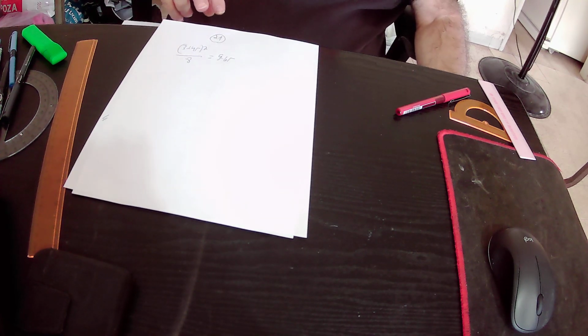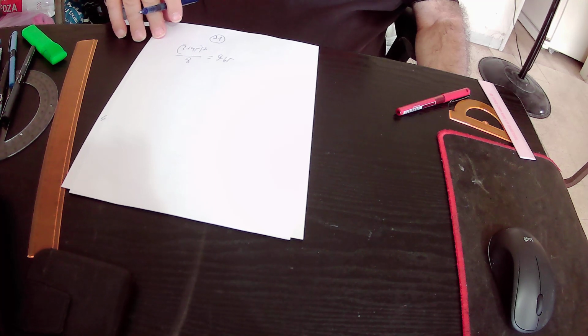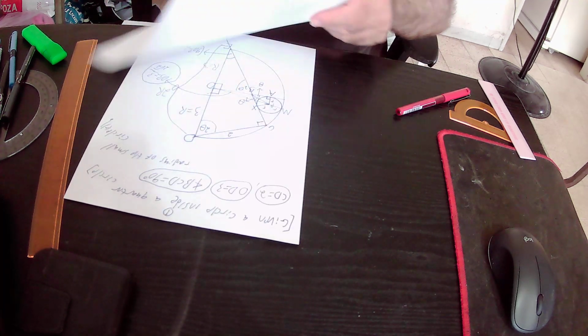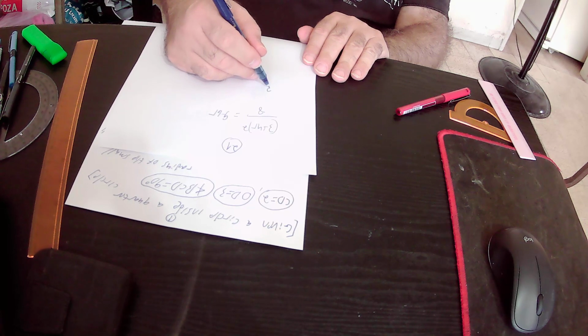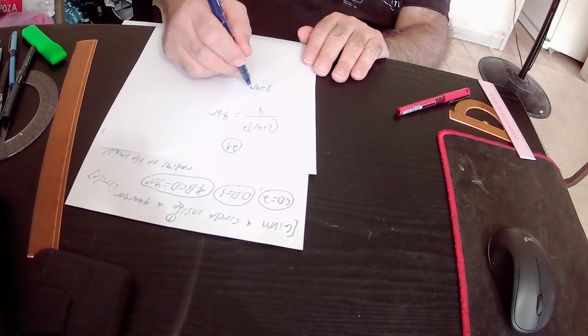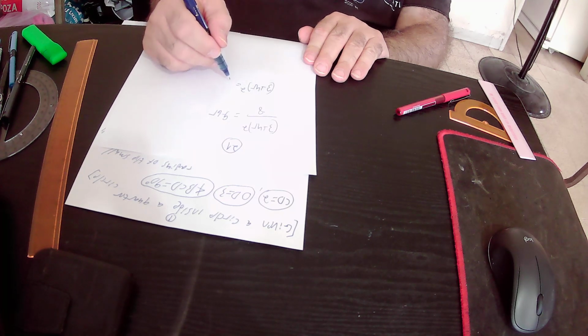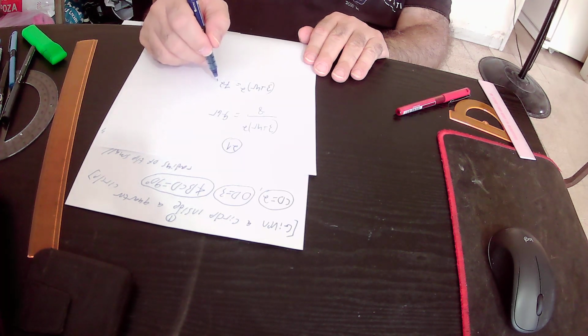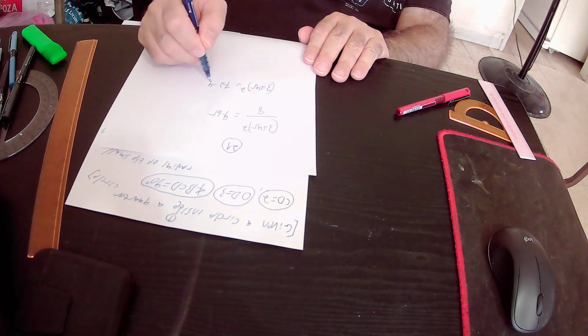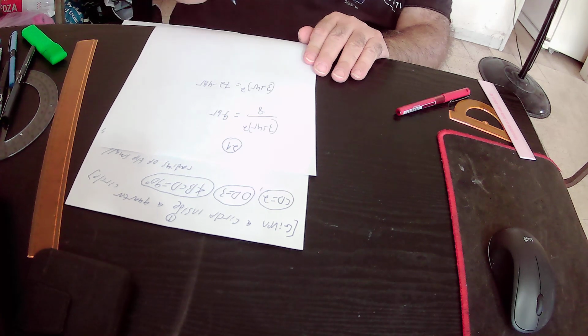So here we will multiply this equality by 8, and we will get that 3 plus 4r, squared, equals 8 times 9, which is 72, and 8 times minus 6r, which is minus 48r.